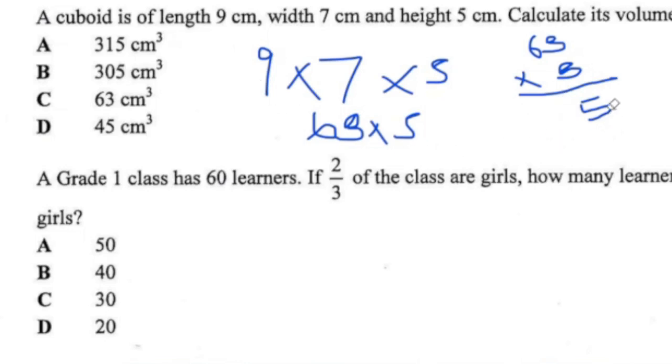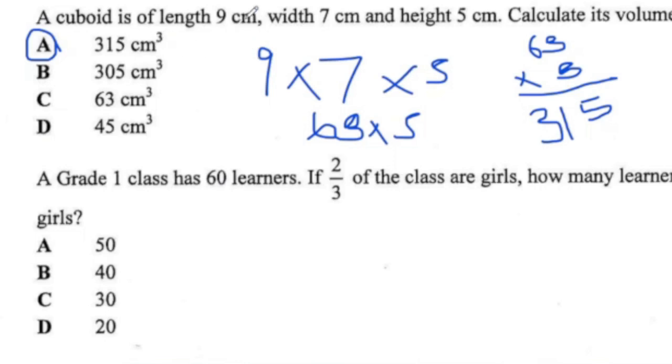So this is 15. Then 5 times 6, it's going to give me 30. 30 plus 1, it will be 31. Okay, so it's going to be 31. I took this one as 3, so that was wrong. So the correct answer is A. All right. So that is the correct answer, 315 centimeter cubic. And why is it centimeter cubic?